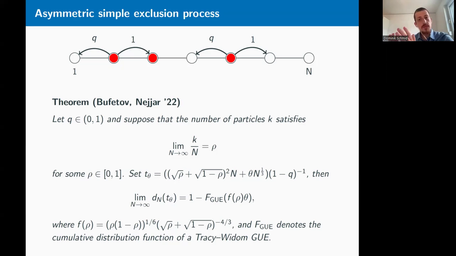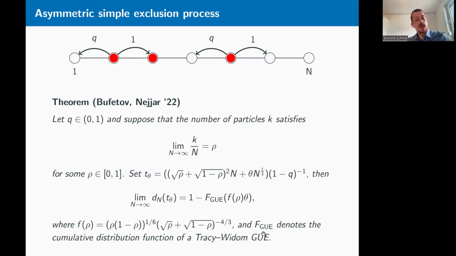And maybe for those of you who are not so familiar with the GOE, a very brief description. It comes from random matrix theory. If you take a Gaussian unitary ensemble and you look at the distribution of the largest eigenvalue and you do some appropriate rescaling, then this is the distribution you see.